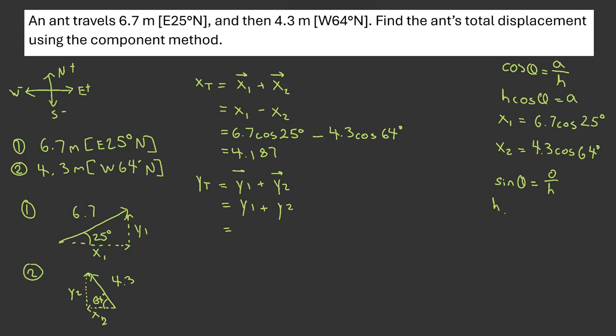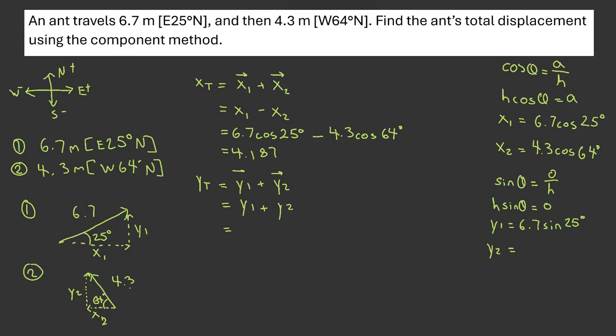So that'll give me h sine theta equals our opposite side, and our opposite side here is y1. So I'll just say y1 equals h, which is 6.7 sine 25 degrees.